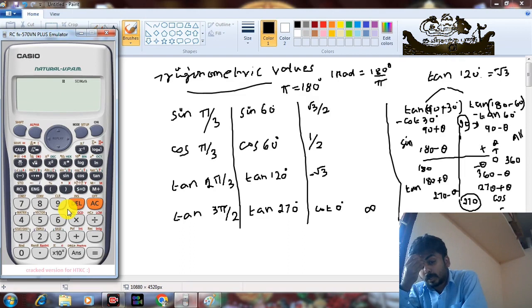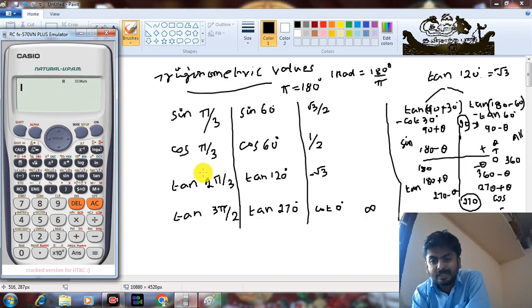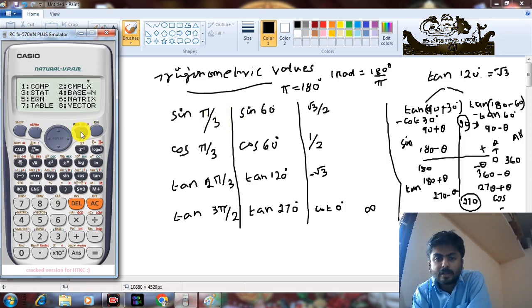Students, now we want to check how to fix this. If I want to use pi by 3, you have to go for radian mode. In some calculators it may be in a different position, but in this calculator I am using, it is shift plus mode and then 4.